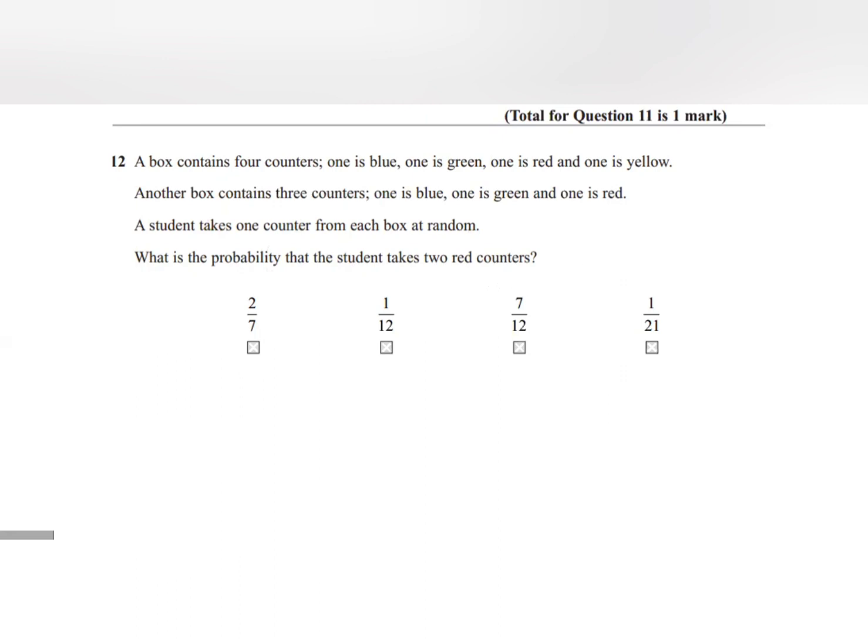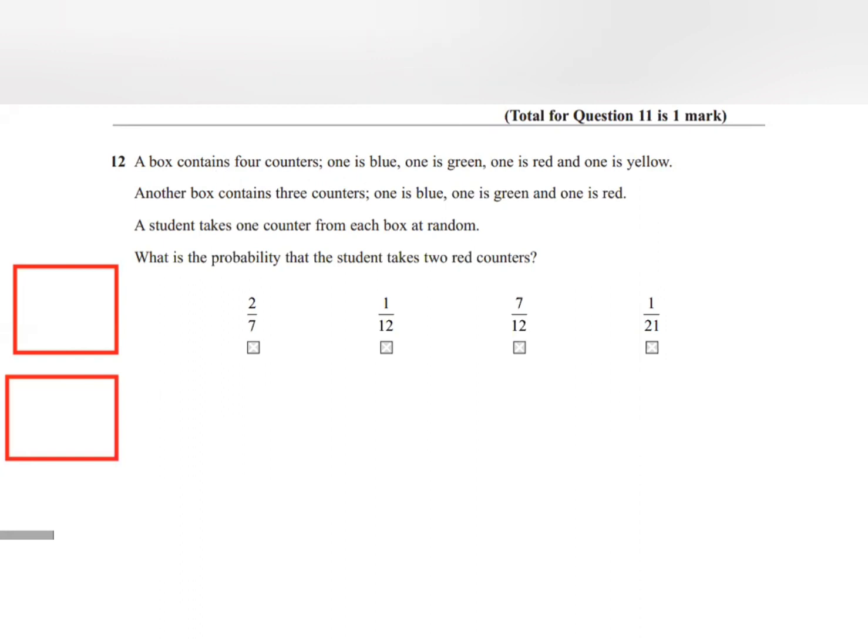So we're talking about the probability of taking 2 red counters. Now, let's first make a little bit of a drawing here so we understand the question. We have 2 boxes, this box and this box. The first box contains 1 blue.